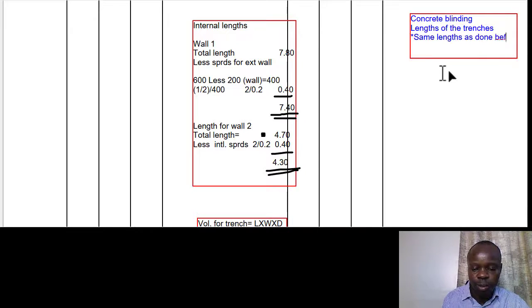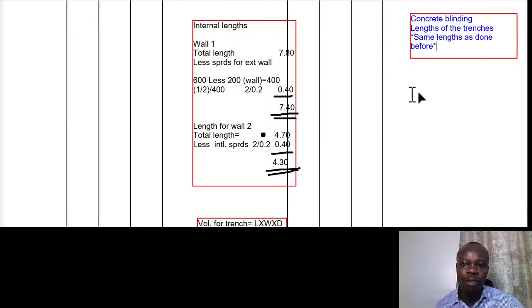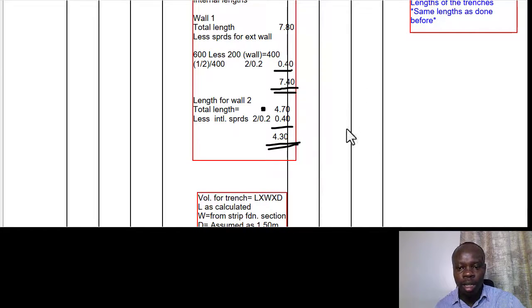You simply note the length that you are going to use. They had been done in our previous session for the trenches, and therefore we go straight into entering the dimensions that we are supposed to enter in our taking off list.